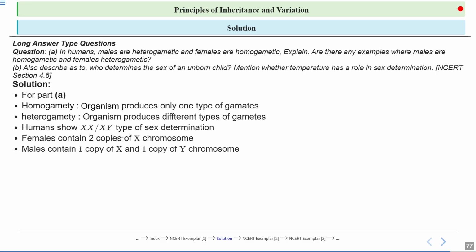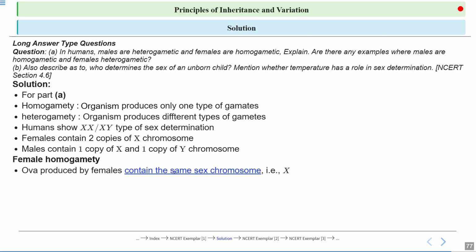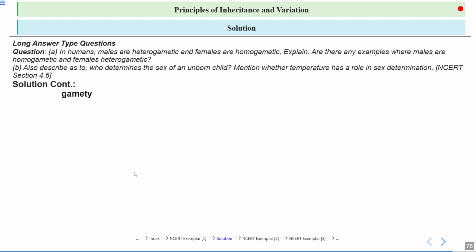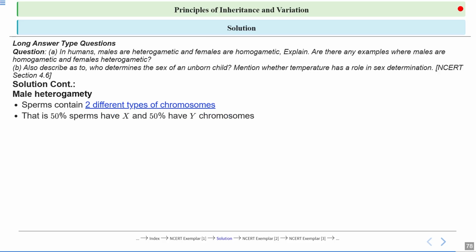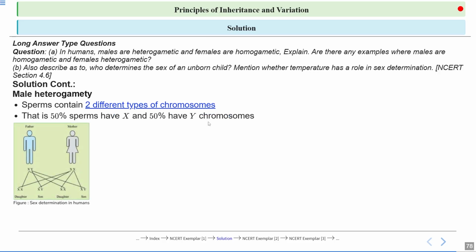Females have a pair of X chromosomes, males have one X and one Y chromosome. So females are homogametic here. All the eggs will have only an X chromosome. Males will produce two kinds of sperms, so males are heterogametic. Half of the sperm will have the X chromosome, half of the sperm will have the Y chromosome. So this is the sex determination system in humans.